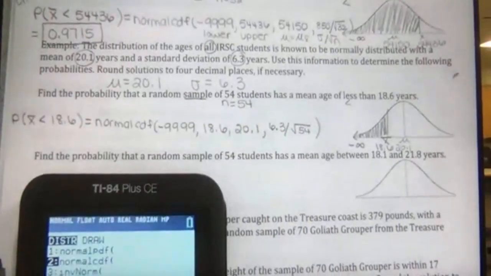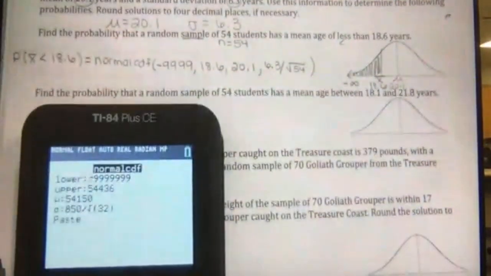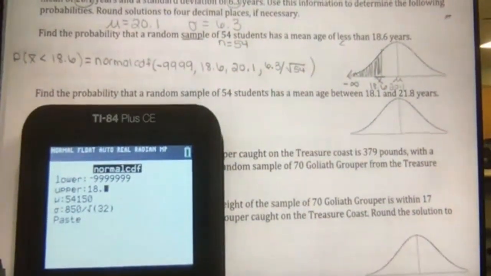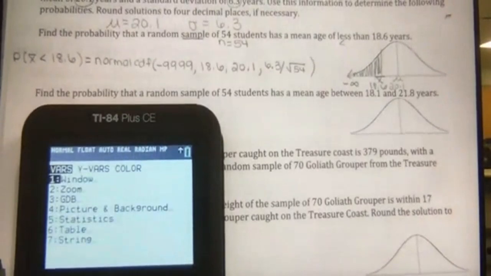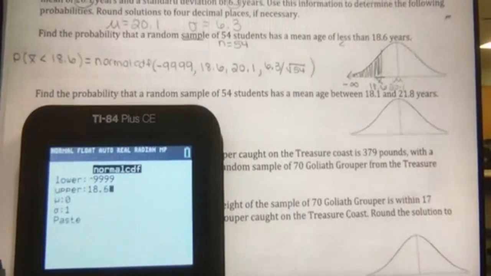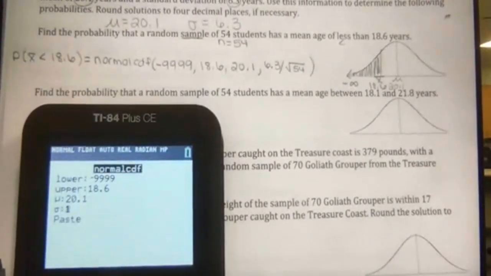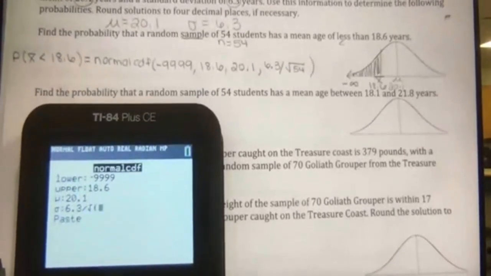So second bars, normal CDF. Our lower limit's negative 99999. Upper limit's 18.6. Our mean is 20.1. And our standard deviation is 6.3 divided by the square root of n, so divided by the square root of 54.